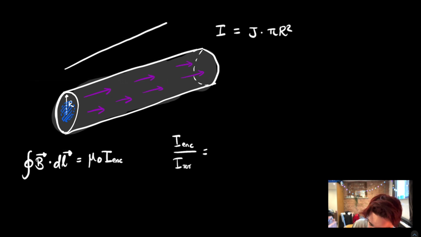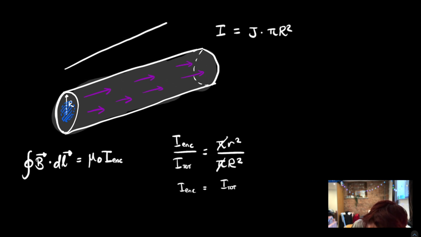And so the enclosed current is going to be pi r squared, where little r is our evaluation radius right here, divided by the radius of the actual wire, capital R right here. And so the pi's are just going to cancel. So we can then write that the enclosed current is equal to the total current times r squared divided by R squared, because of course J is the constant, and that's what's led to this equation right here.